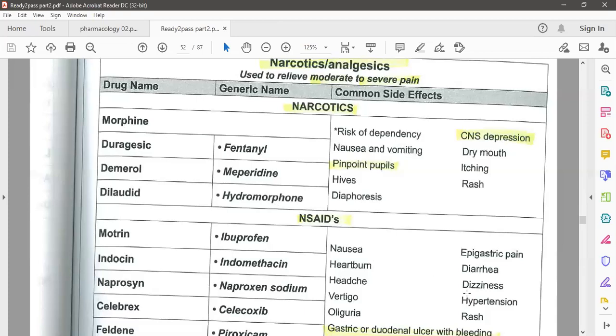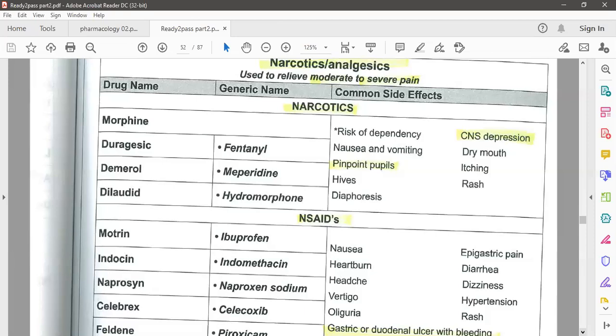Another opioid, the most popular opioids I want to tell you about, that we use in the hospital, are codeine and hydrocodone or oxycodone. Codeine is used as a cough suppressant as well, or taken with food to prevent nausea and vomiting.